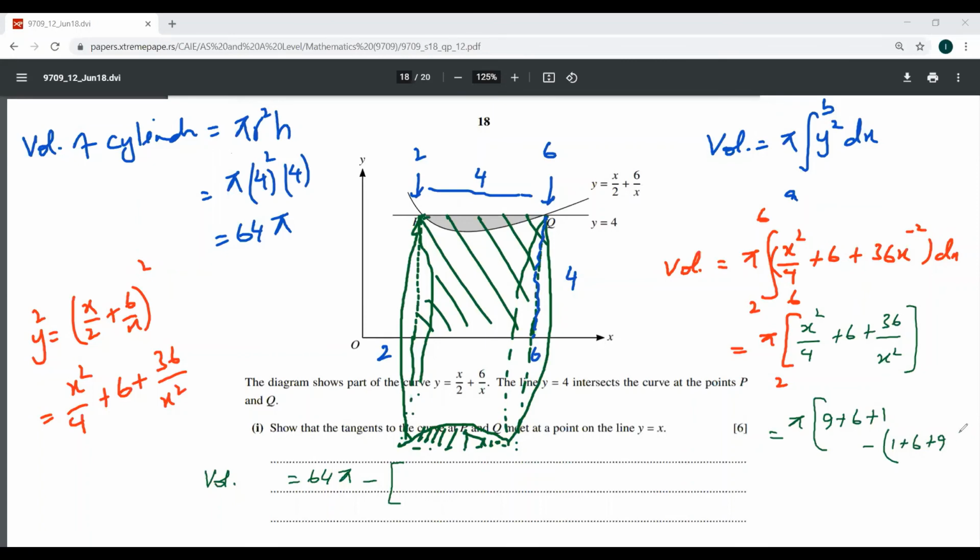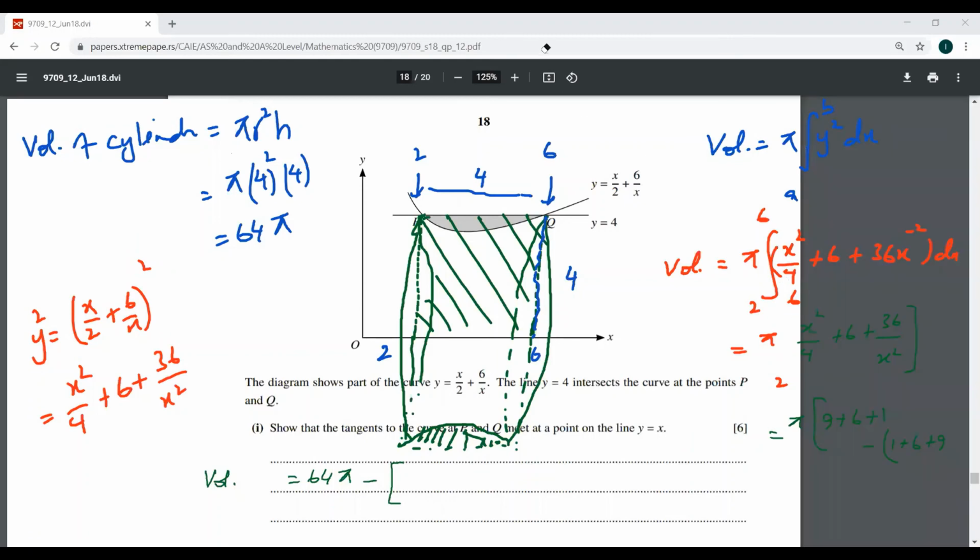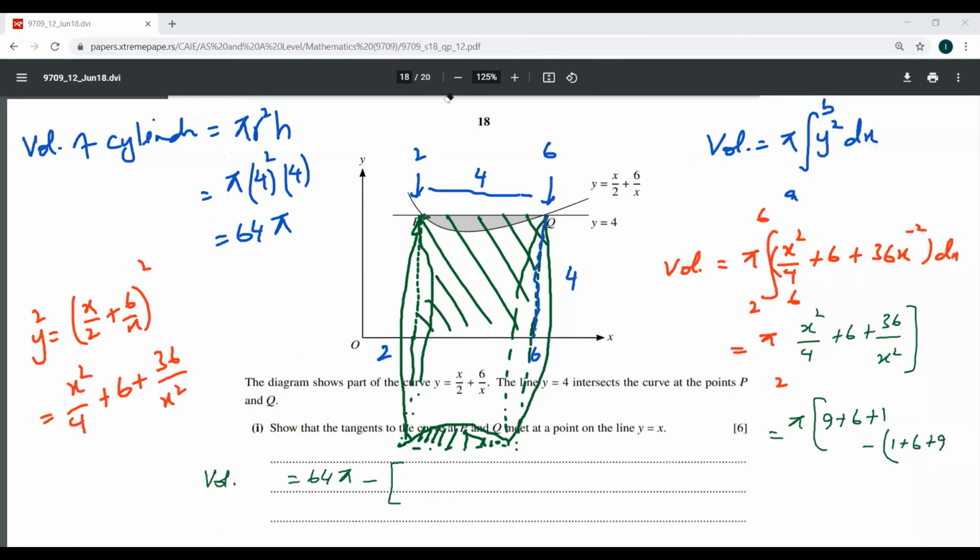I haven't integrated this. Oh, let me integrate this. You see, this happens in these long questions. I have to put the integration sign here.